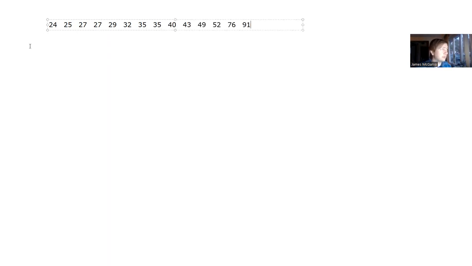And so for the box plot, we're going to need the 5-number summary. The 5-number summary is the minimum, the first quartile, Q1, the median, which is also Q2, the third quartile, Q3, and the maximum.